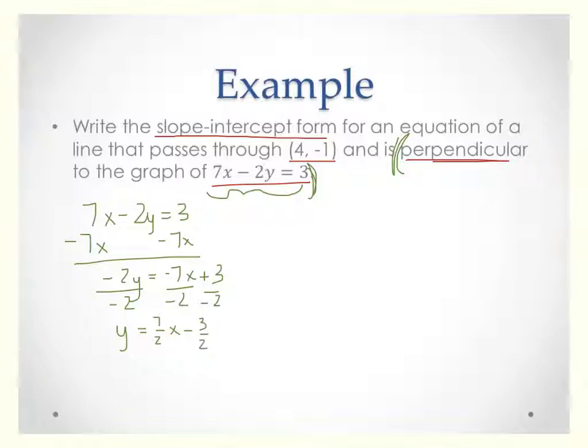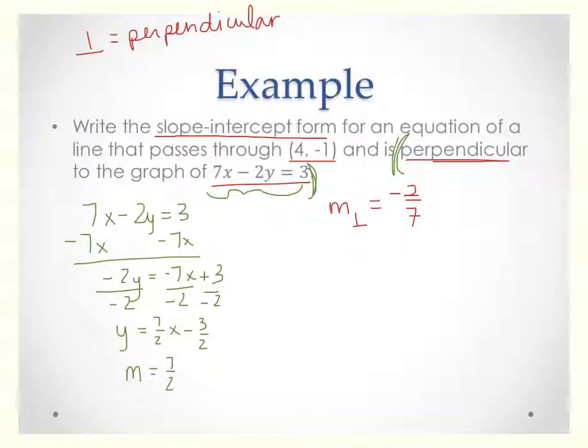Okay, so what's the slope of this line? This line has a slope of 7/2. For us to be perpendicular to it, and I'm going to use this upside down T, which means perpendicular, this just tells me that this is my perpendicular slope and not my regular slope. So what is the opposite reciprocal of 7/2? -2/7.